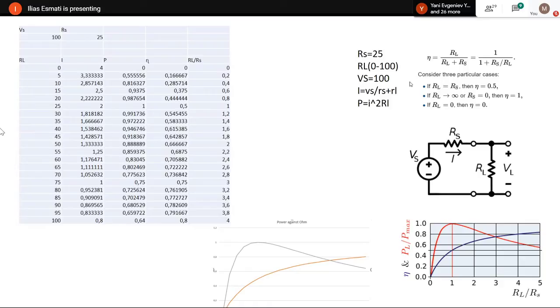What I do is I sweep my resistance from 0 to 100, let's say. And then I want to know what's the power.